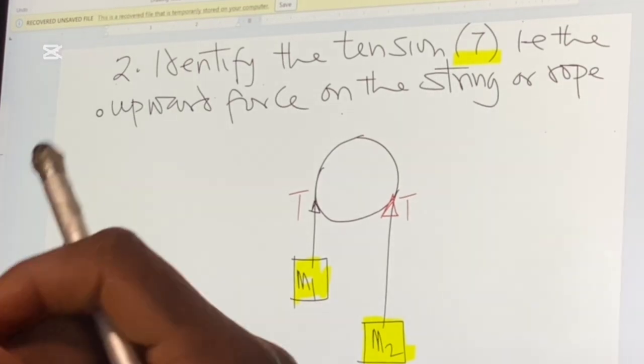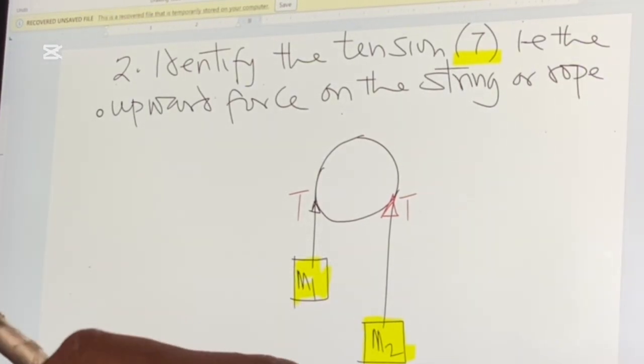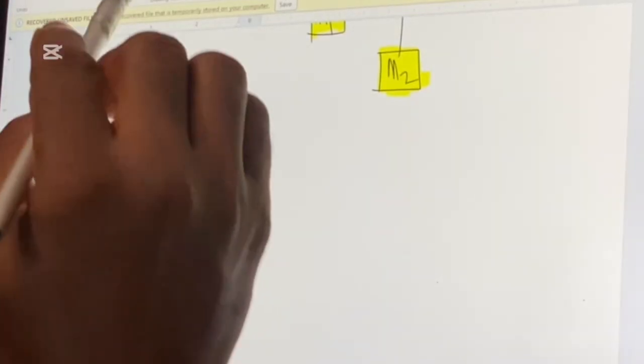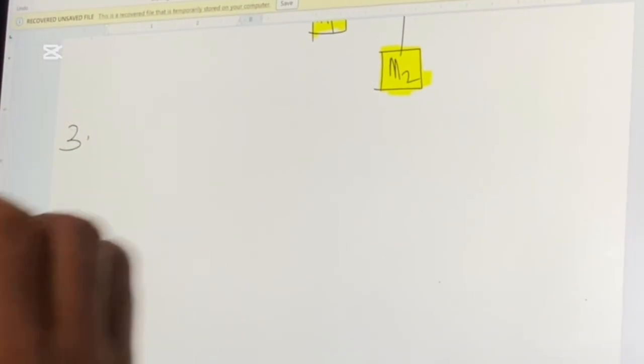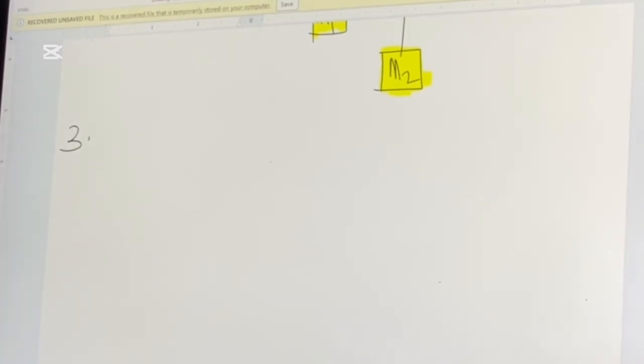Okay. So let's get the next concept. Concept 3. Label the weight that is the vertical downward force attached to each of the masses. So whenever you have any mass, the downward force of that mass is called weight.